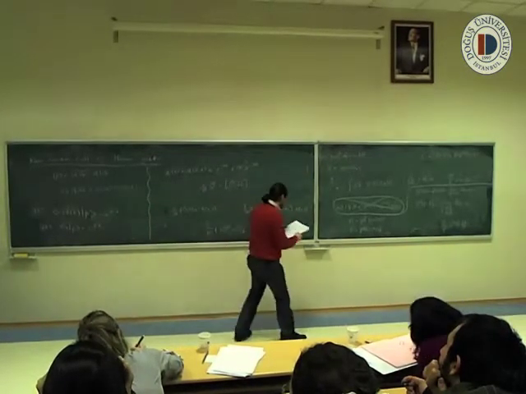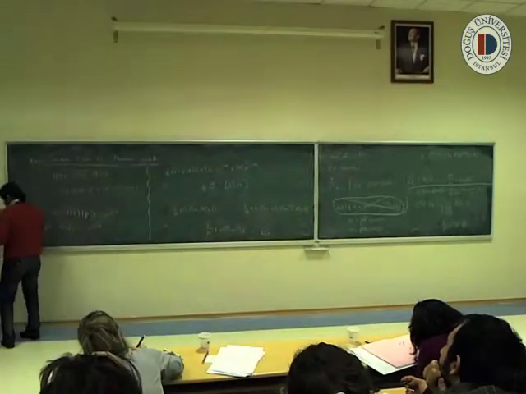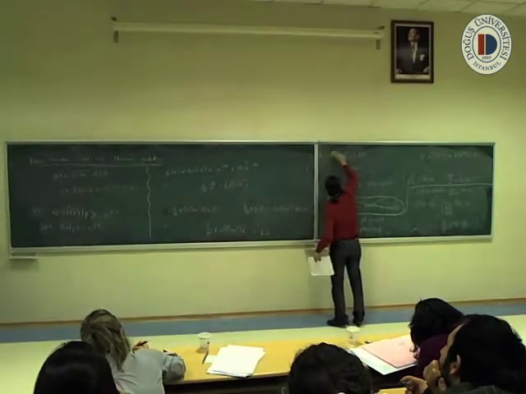Okay. So similarly, as I said, in the Hamiltonian picture, you have again the same Schrödinger equation.